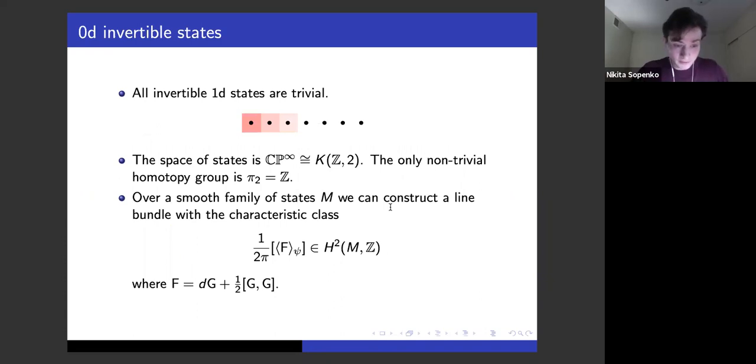And let me now try to describe what can be done with all these definitions. So in low dimensions, we still have some progress only in 0, 1, and 2 dimensions. And well, in 0 dimensions it is sort of trivial, because we all know that the space of all possible gapped states for finite dimensional systems is just CP^n.